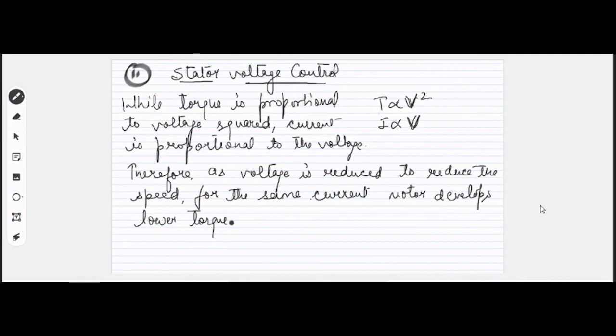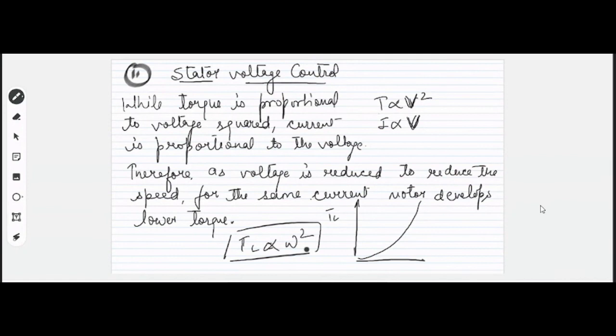That's why this method is mainly suitable for applications like fan or pump load, where the torque demand has a characteristic like this. For the pump load, TL is proportional to the square of the speed.